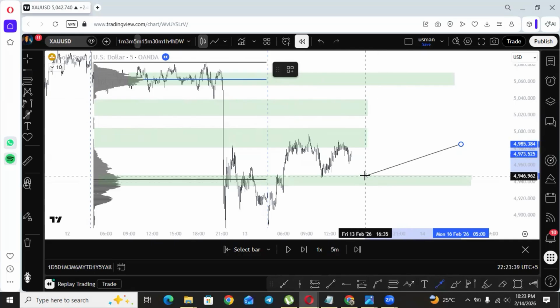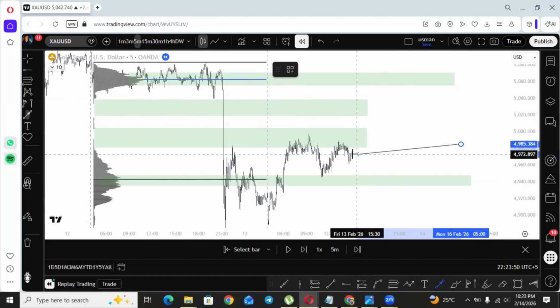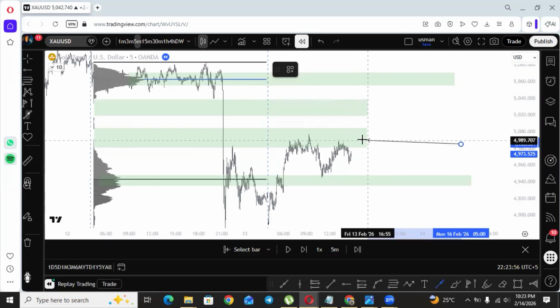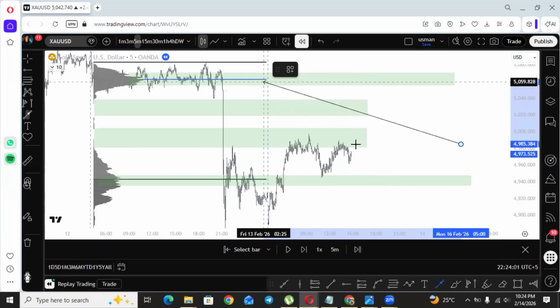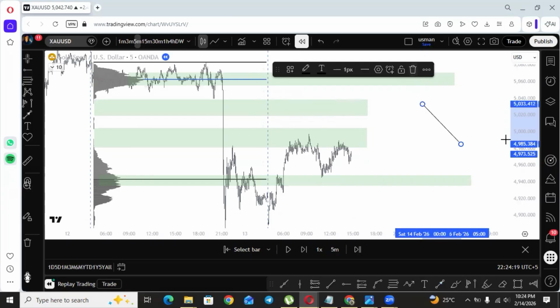If the market successfully sustains its prices above this value area low, then we expect the market to move till the value point of control. The areas between this and this area can be used as our hurdles, and here we can expect short-time selling. We can do scalping at these areas, but if our bias is bullish, we can expect buying from here towards here. So this analysis I shared.